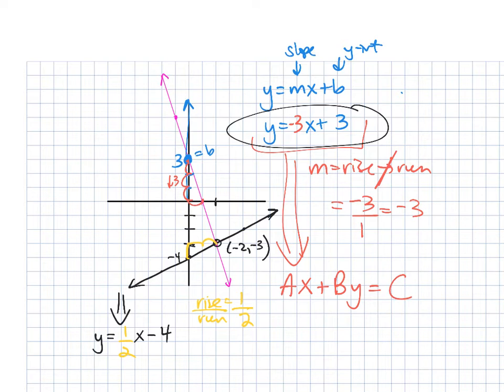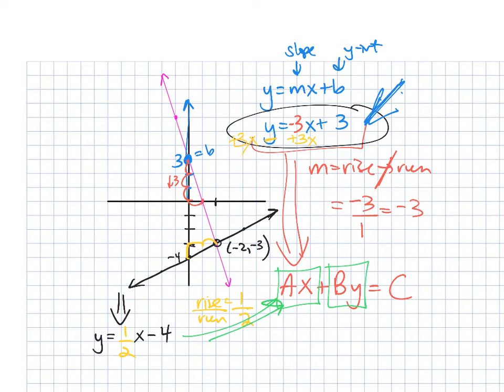Okay, and then we want these both to be in standard form. So in order to do that, you want to get the x term and the y term on the same side. But we don't want fractions. So let me first do it with this one because we don't have fractions here. Let's just get the x and y on the same side. So here we have y on its own side. Let's get this x over to this side by adding 3x to both sides.